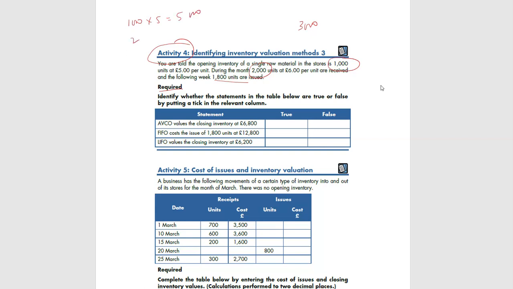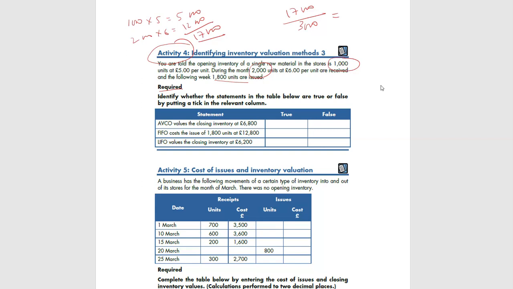So the total cost was 17,000. So 17,000 is the cost and 3000 is the units, and that gives me 5.67.